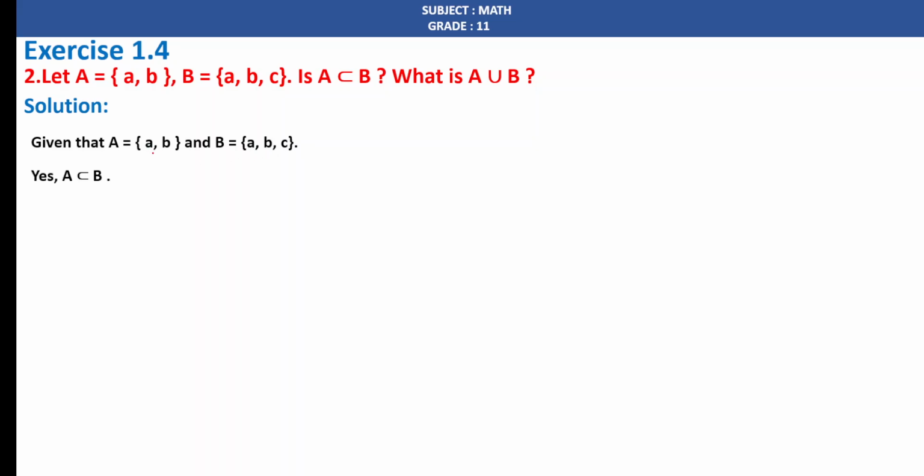By observing, all the elements of A are in B also. Therefore, A is a subset of B. Yes, the answer is A is a subset of B. Then A union B is equal to {a, b, c}, which is equal to set B.